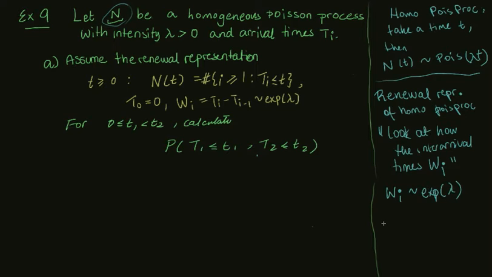So in part A of exercise 9, we will be considering the distribution of the arrival times. Just to make it completely clear, the Wi are what we call the inter-arrival times. And then the arrival times, Ti, are given as W1 plus W2 and so on up until Wi. And the Ti are what we call the arrival times.